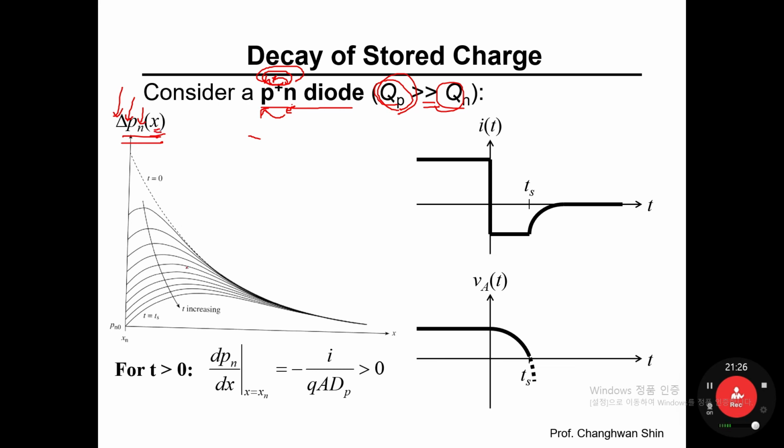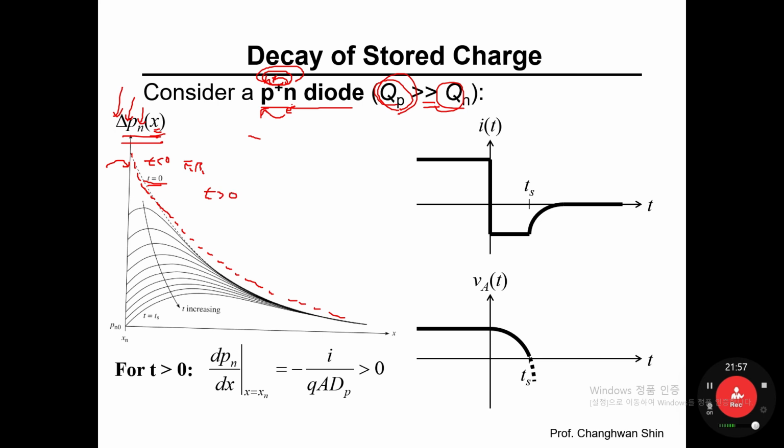As we have learned, this delta P sub N of x should look like that. At time t of 0 or less, the diode is forward biased, so many excess holes are stored, keeping this profile of excess hole concentration.